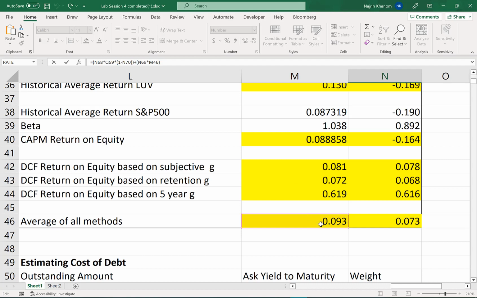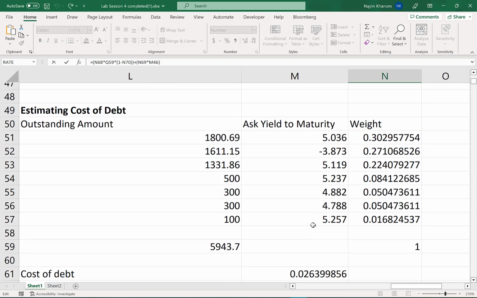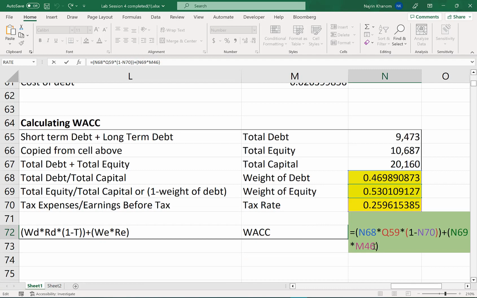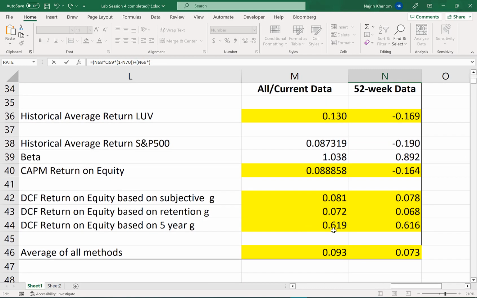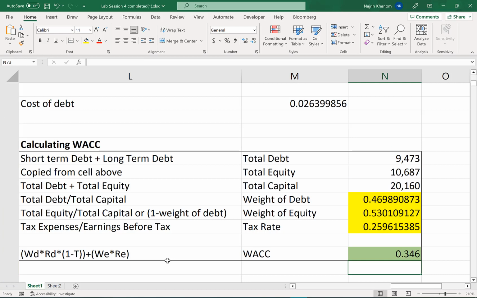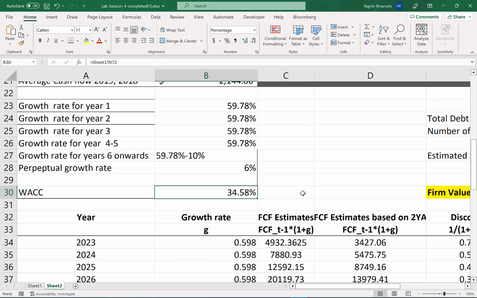So instead of using the 9.3% as the cost of equity, let's see what happens if we change the cost of equity to 61.9%, which reflects maybe the risk investors are undertaking by investing in Southwest. If we take the 61.9%, our cost of capital has changed from 6.7% to 34.6%. Okay, all the way to 34.6%.